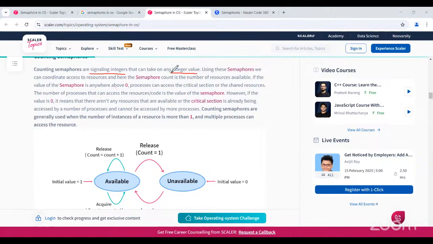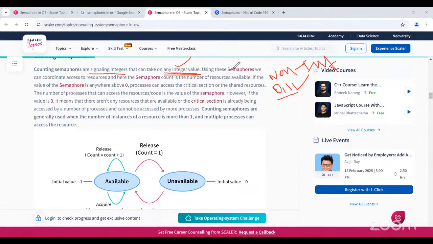Whereas a semaphore takes a non-integer value, a binary semaphore takes 0 or 1, and a counting semaphore takes any integer value. See the difference between all of these.